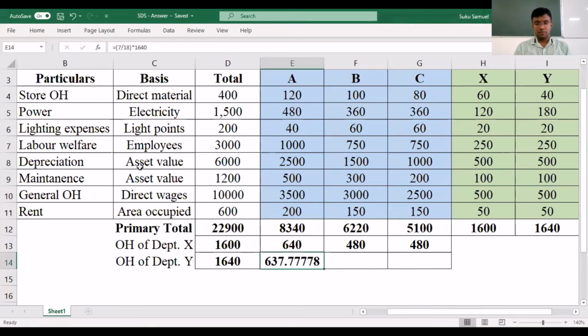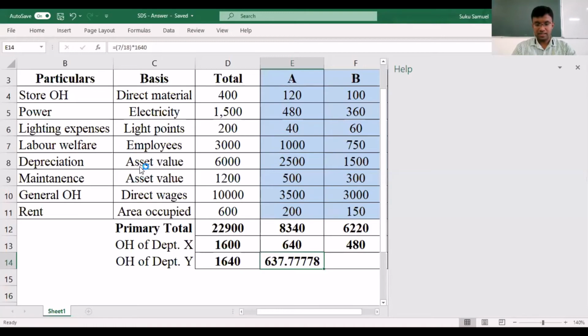So that is 637.77, which we can rewrite as 637.78.